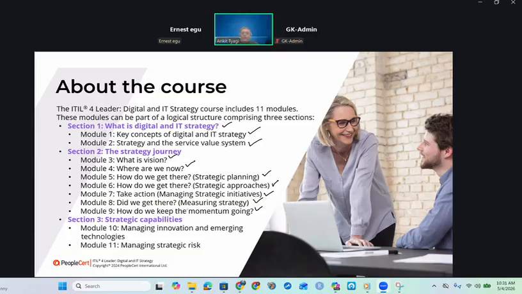Section 3 talks about the strategic capabilities of the organization, which is managing innovation and emerging technologies and managing strategic risk. Right. So these are the 11 chapters that we need to work through in order to understand the overall concepts here. Like we said, today we are going to do modules 1, 2, 3, and 4.